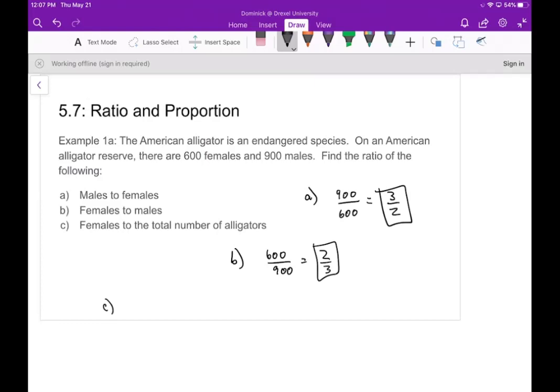For part C, females to total number of alligators, you have 600 over 600 plus 900, so 600 over 1500, which reduces to 2/5. Those are a couple more ratios.